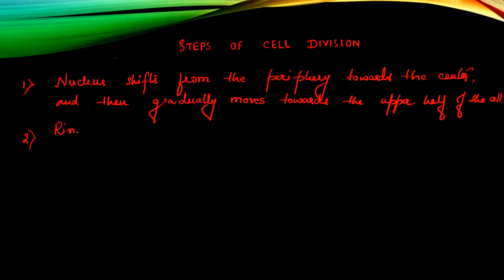Ring-like thickenings from two sides develop towards the upper part of the cell wall.